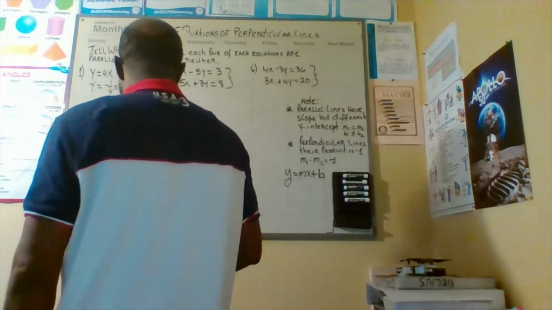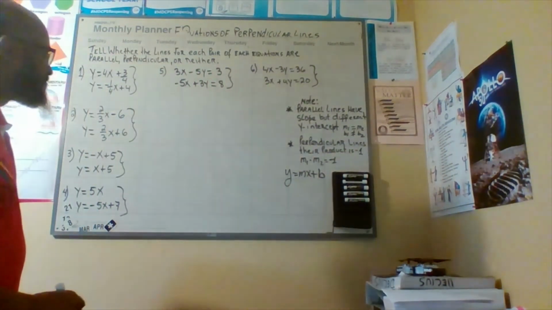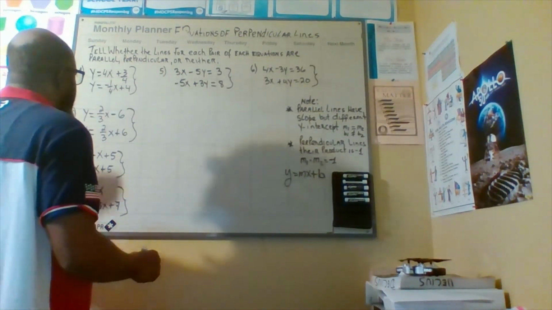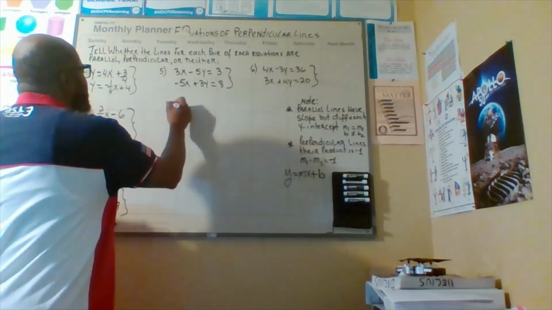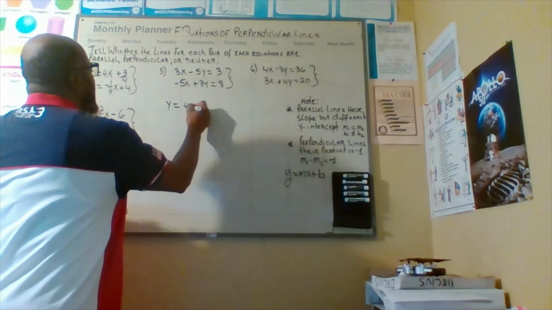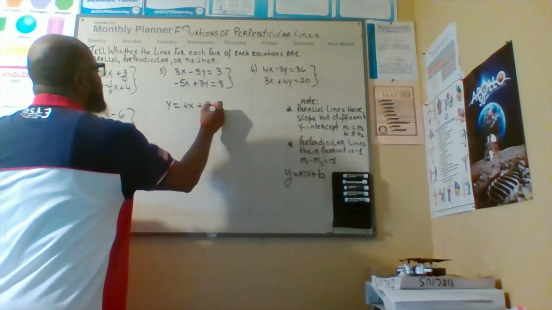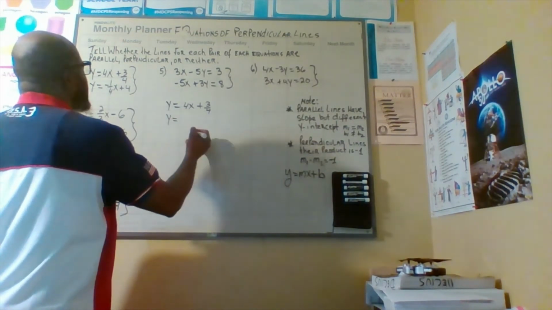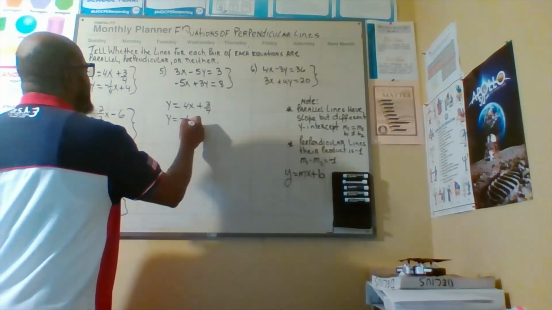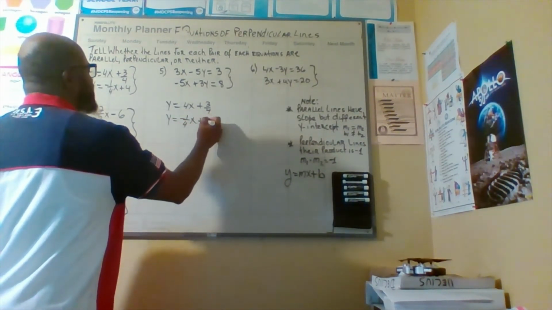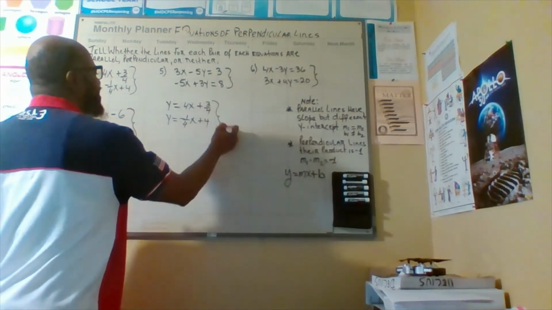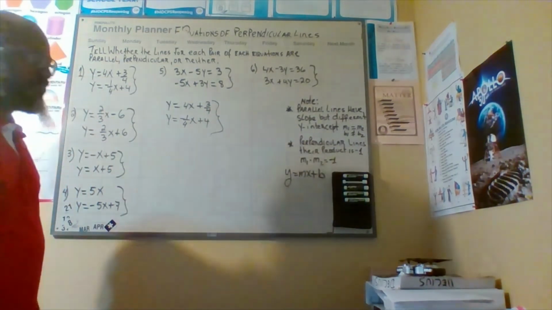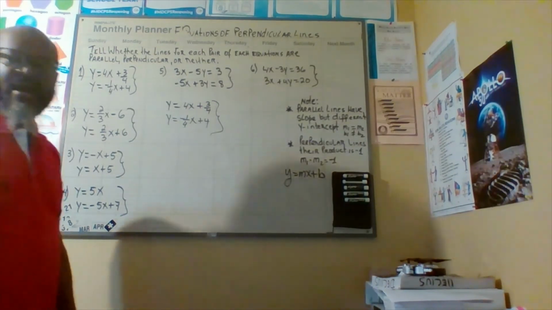So we have an example here, where you have y is equal to 4x plus 3/4, and y is equal to -1/4 x plus 4. We want to determine if that system is parallel, perpendicular, or neither.